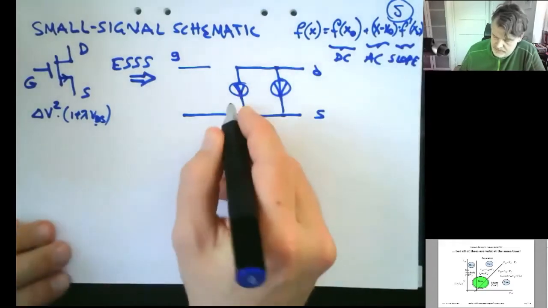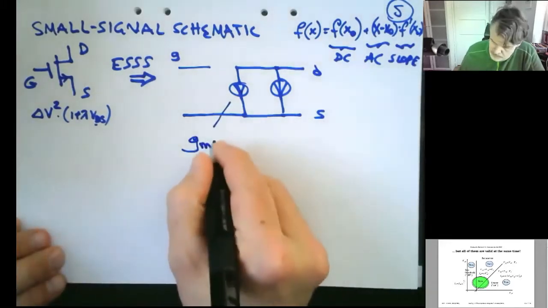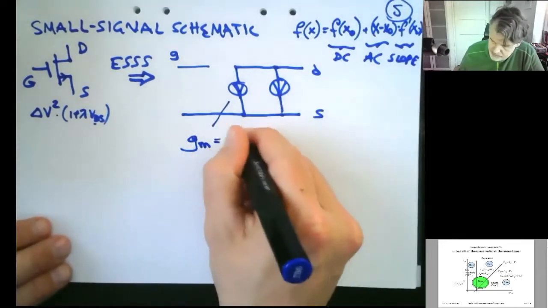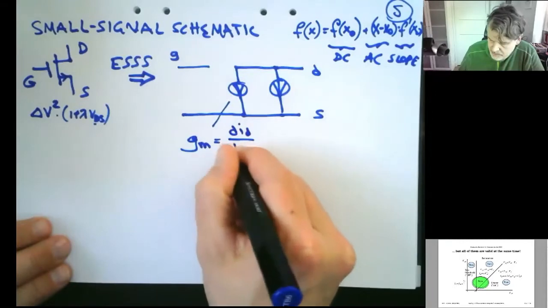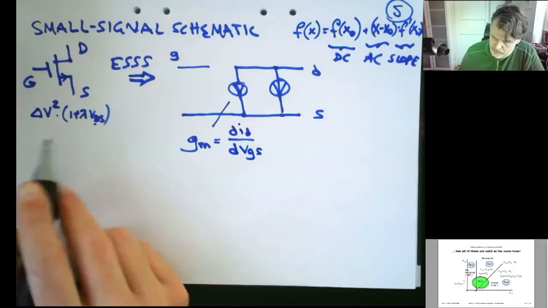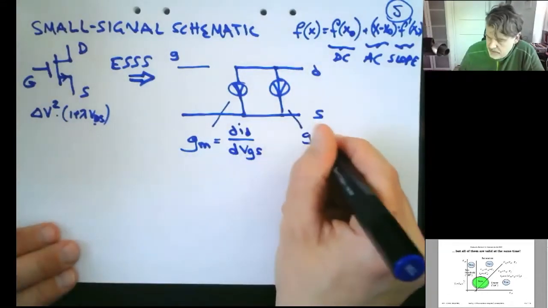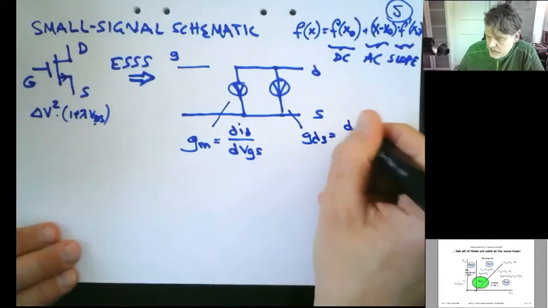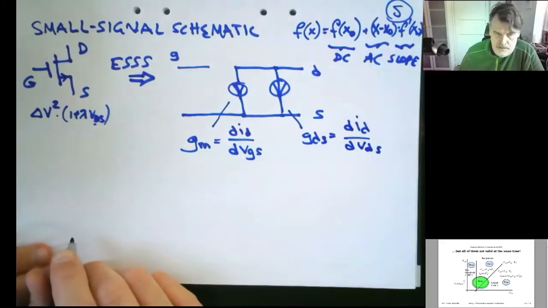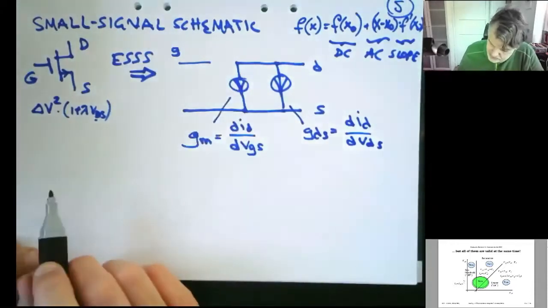So this guy is the one we call gm, which you might recognize. That's the variation in current, dID, as a function of dVGS. So the derivative of my expression. This guy is the one we call gds, which is equal to dID over dVDS. So let's recapture that also in this first introductory lecture.